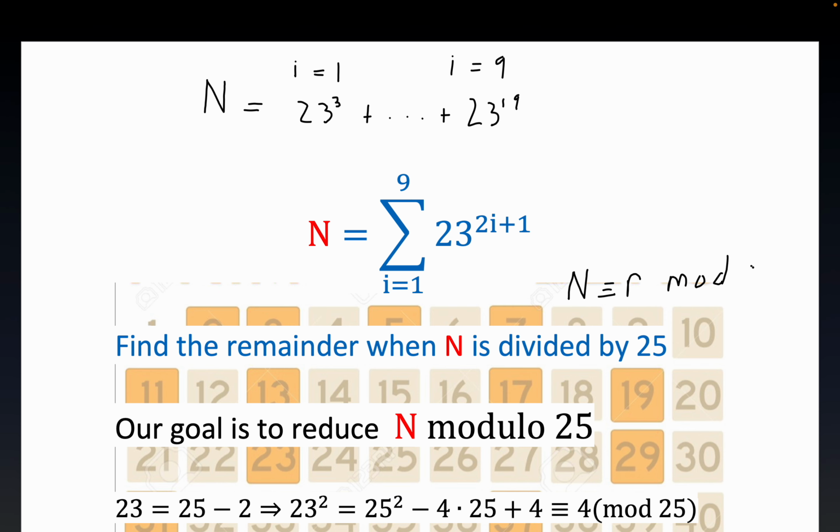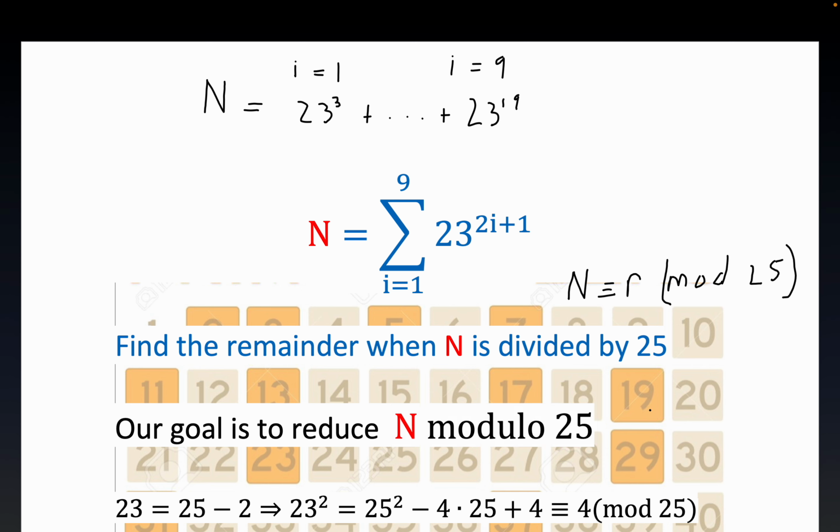Mod is the abbreviation, right? And it's very common to envelop that in parentheses. So we're looking for an r, because when you divide anything by 25, you get a number between 0 and 24 inclusive, right? So our goal is to reduce it modulo 25, as I think this is the official language to describe what we're doing.